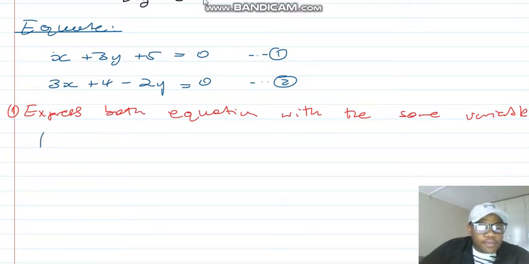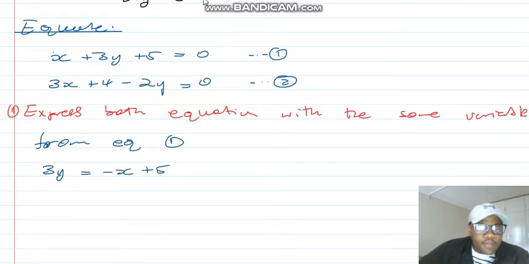You're going to say from equation number 1, you're going to try to make y the subject. So if you say 3y is equal to minus x plus 5, you just have to divide by this 3.